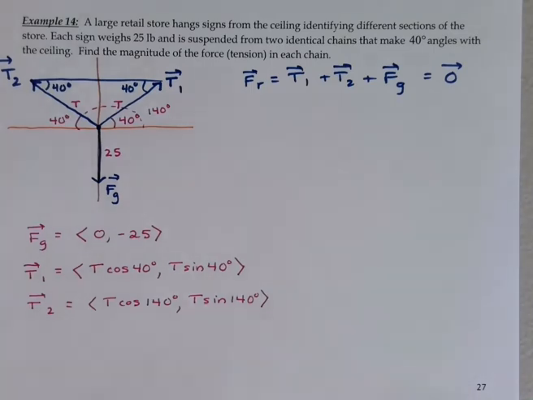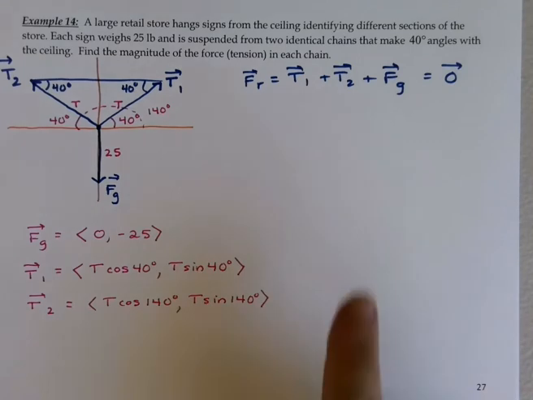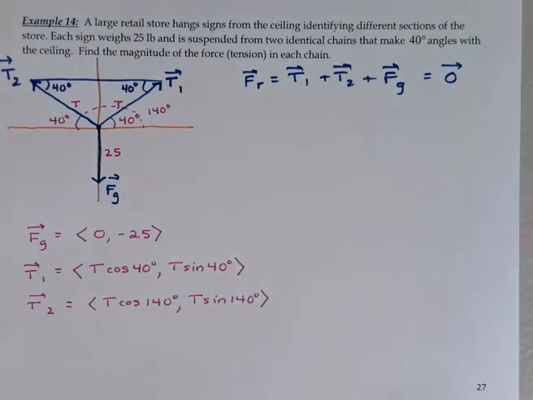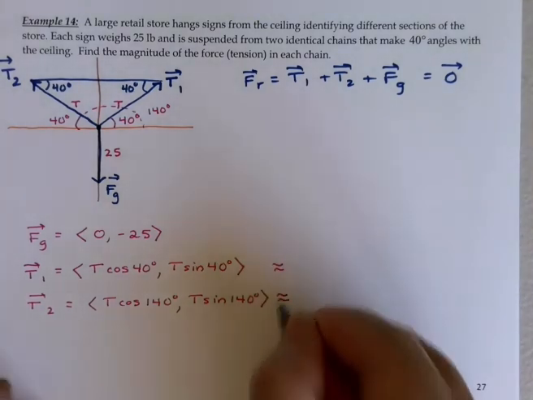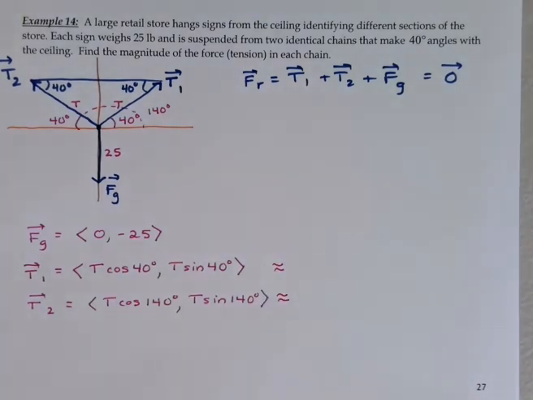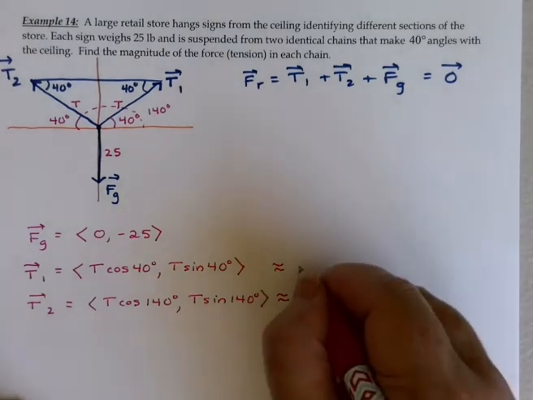All right. I'm going to plug all of that into my equation. And as I do so, I'm going to actually use some decimal values for these. In fact, maybe I should just do that down here. Let's go with some approximations here. The cosine of 40 degrees is 0.766.